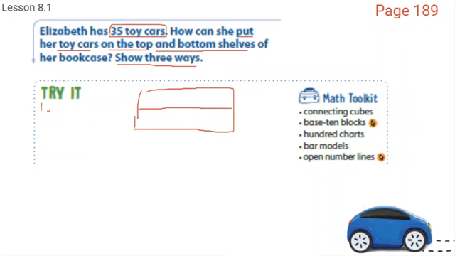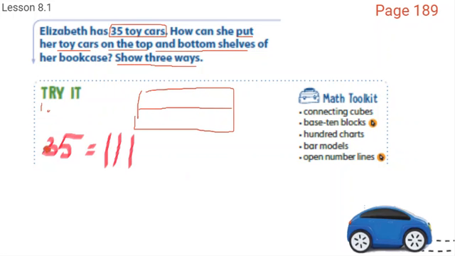But let's take a look at it a little bit different way. We have 35 cars, and that is equal to, and I'm going to do some 10 rods, 1, 2, 3 10 rods.